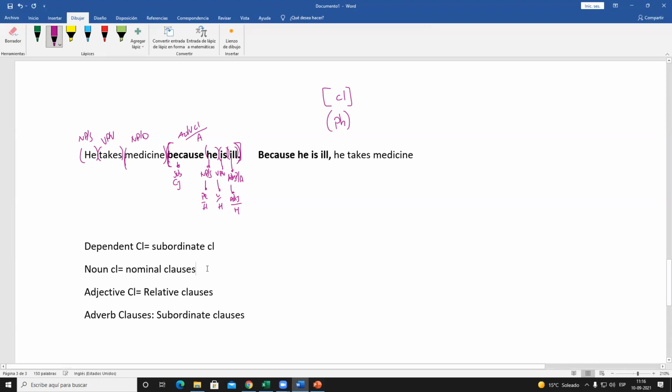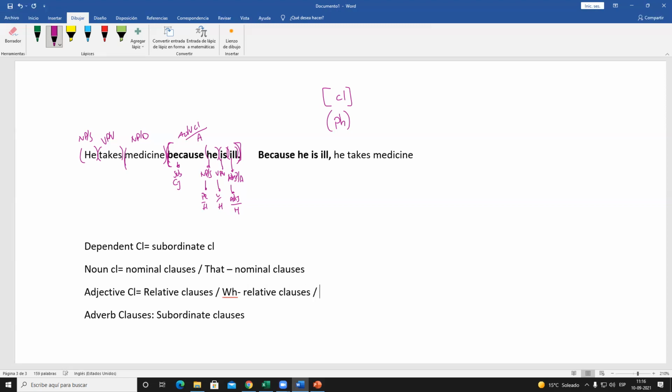Estas nominal clauses, si parten con la palabra that, las llaman that nominal clauses. Las adjective clauses, nunca he escuchado a nadie que haga WH. Quizás les dicen a algunas personas las diferencias entre WH relative clauses.